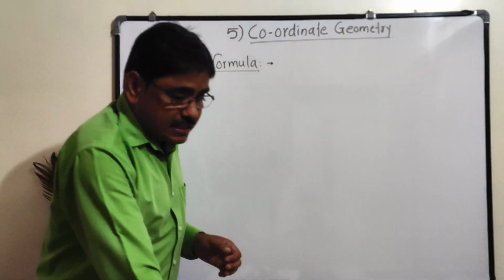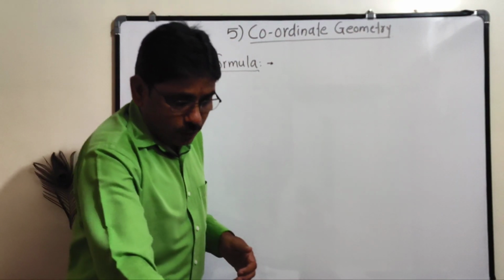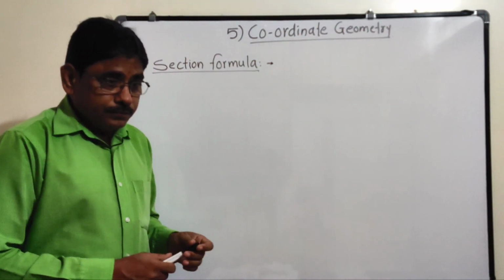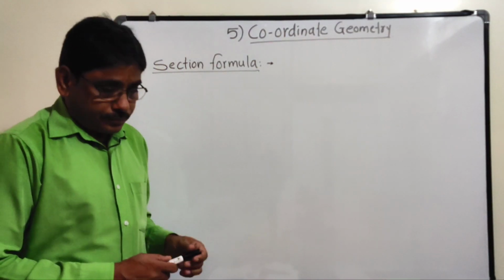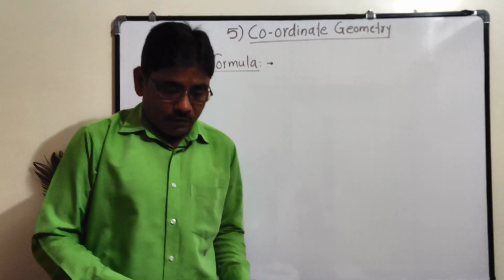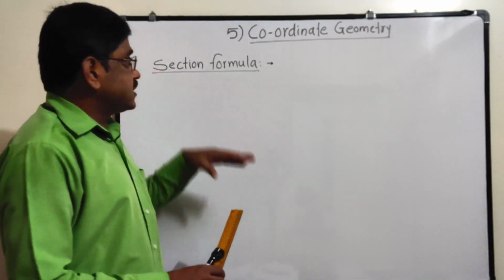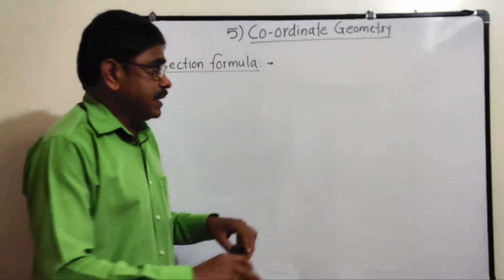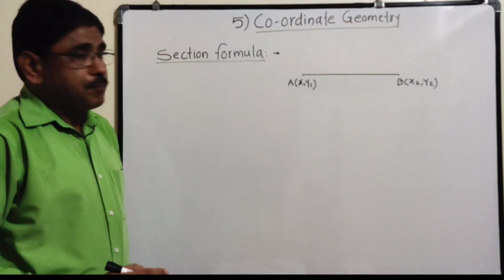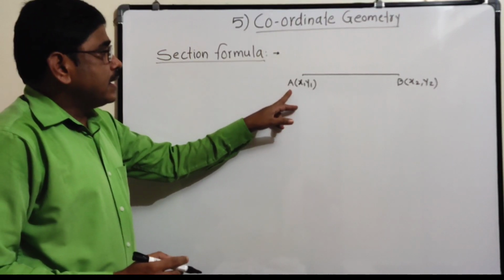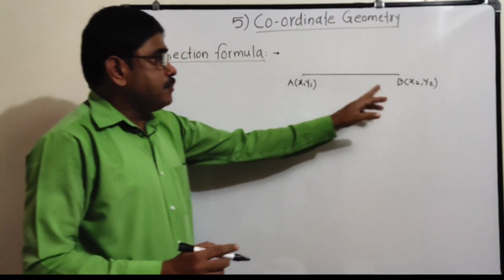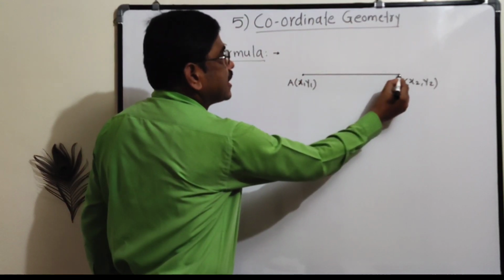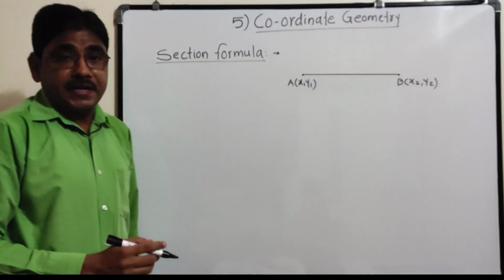Now in 8th standard we divide the given segment into equal parts or in the given ratio. So here this is a very important part for us, the section formula. The section formula is related to the division of a segment. Let's see the section formula. Here A(x1, y1) and B(x2, y2), these 2 points are there, and this is the segment AB joining these 2 points.